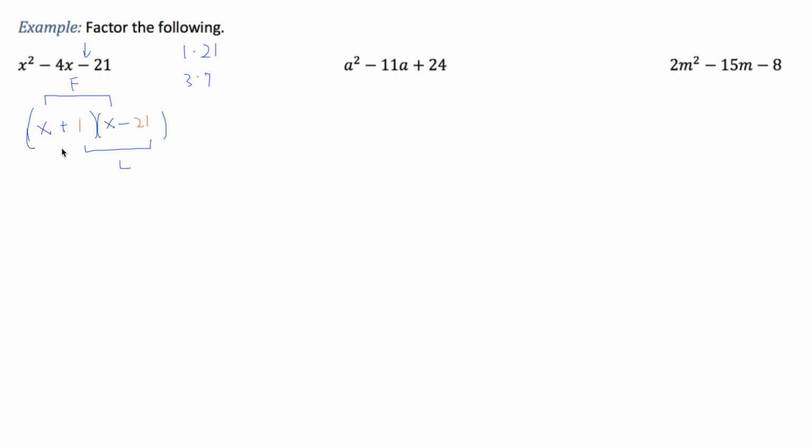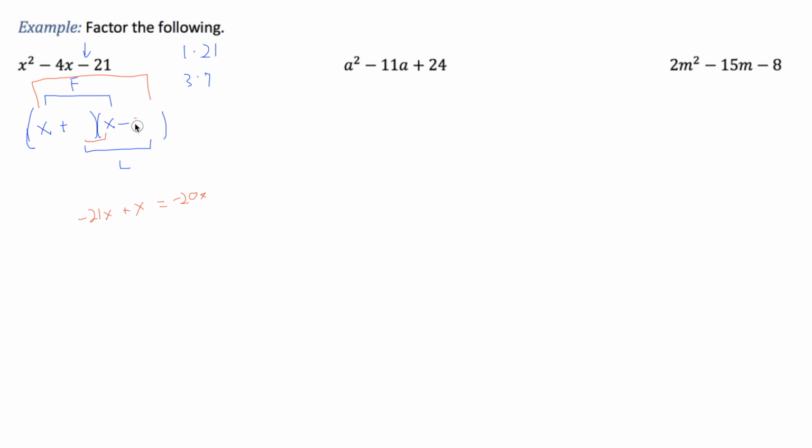It's this middle term we have to look at. That comes from outer, so x times -21 is -21x, combined with the inner, which is 1x. That gives me -20x, which does not give me the -4. So -1 and 21 is not the correct way to factor that.